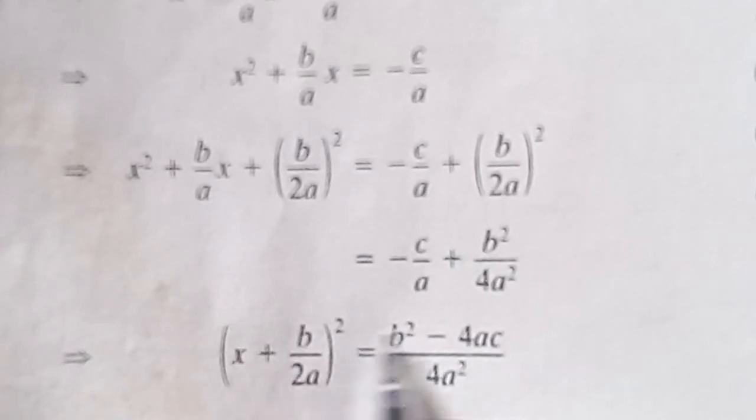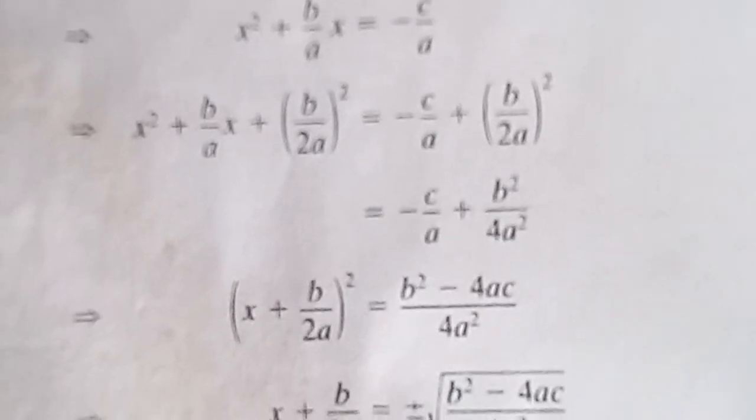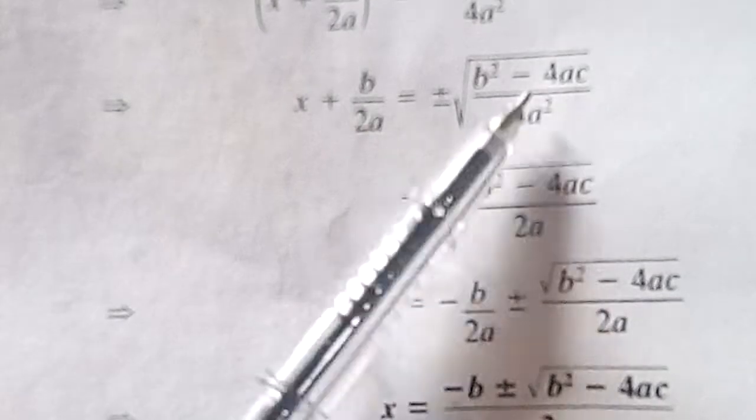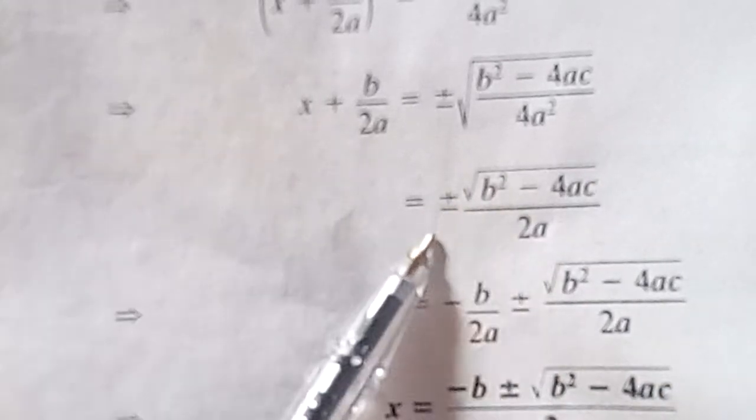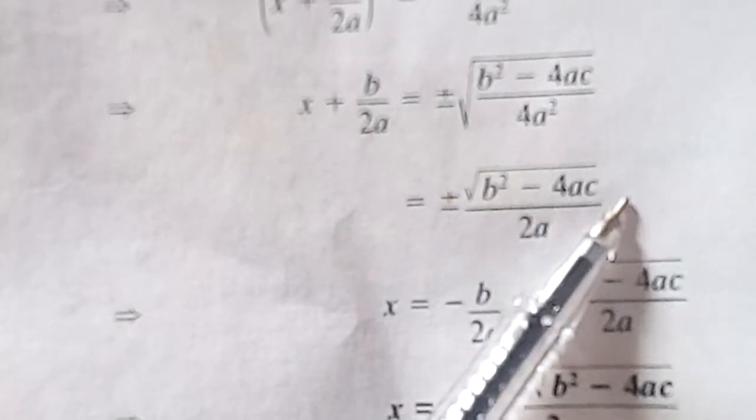Now getting this, you now root both sides to remove this square. So we now have x plus b over 2a equals plus or minus root of everything here. Now if you root 4a squared, it will give us 2a. Over here you are not rooting everything, you are rooting only the numerator. So you have plus or minus root b square minus 4ac all over 2a.